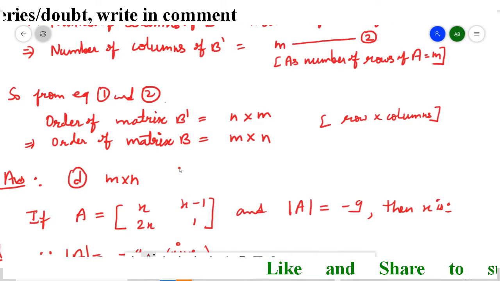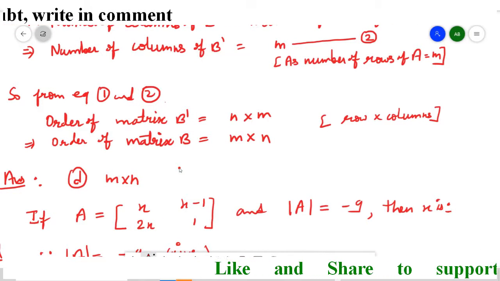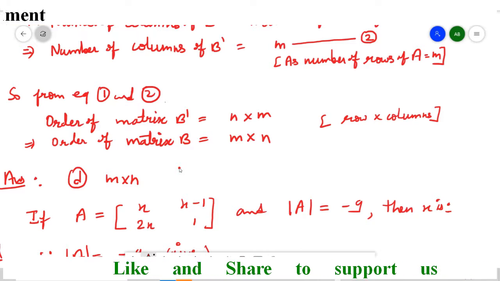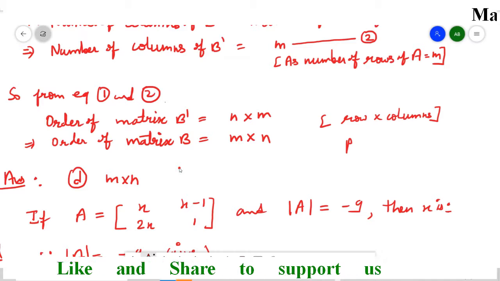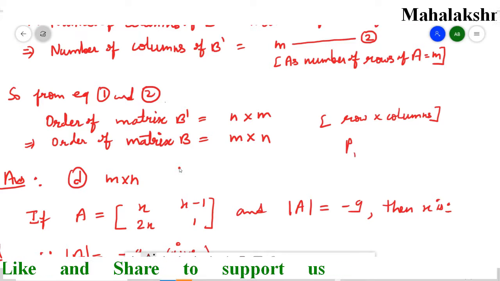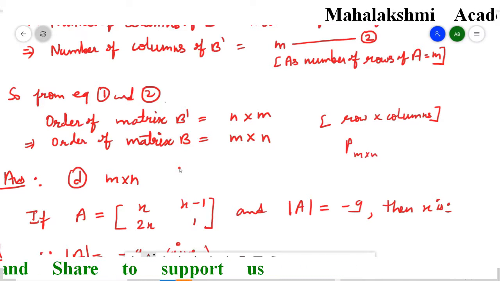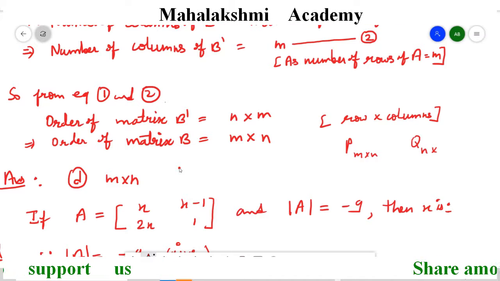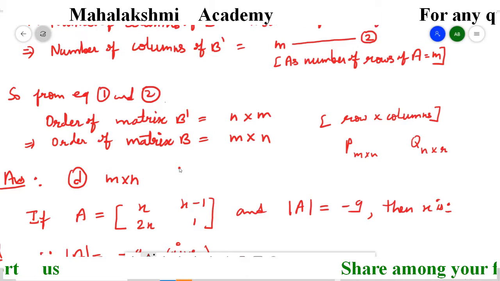I hope it's clear to you. It's a very theoretical question. In this you only have to take care of this: I'm writing here that P is any matrix of order m cross n, and Q is any matrix of order n cross R, suppose.